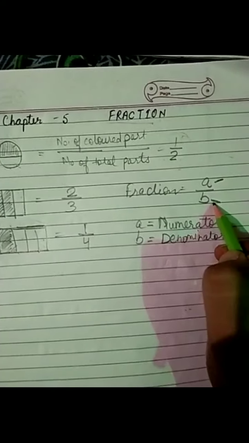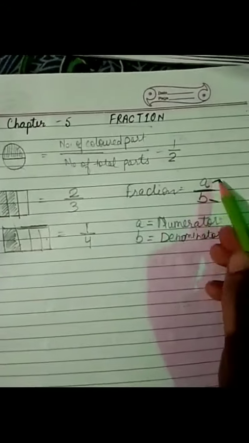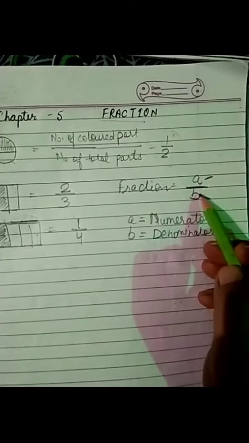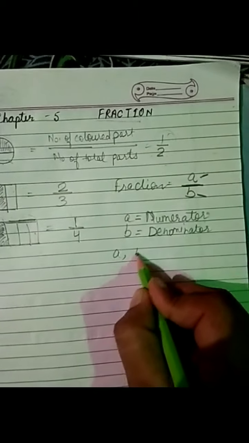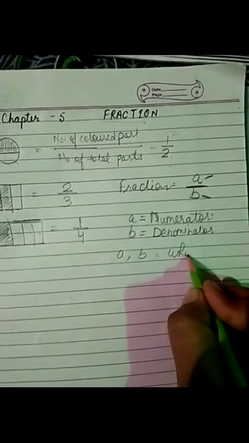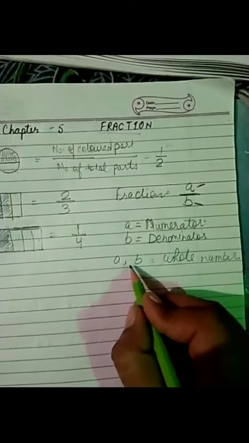Both numerator and denominator are separated by this bar. A and B are whole numbers, where B is not equal to 0.